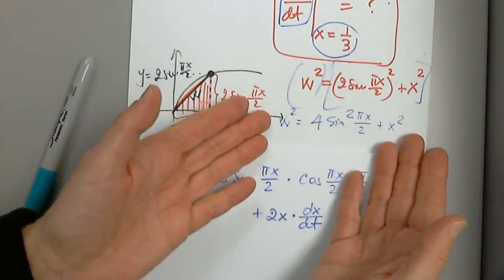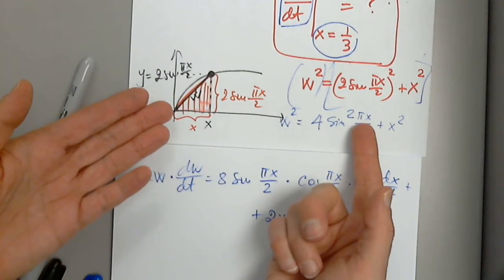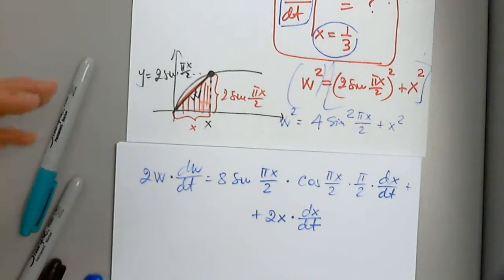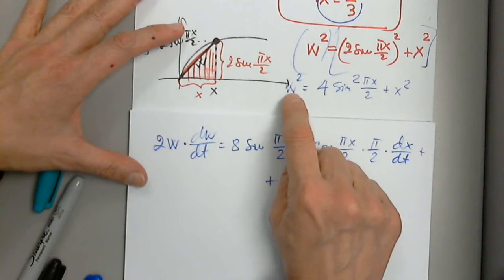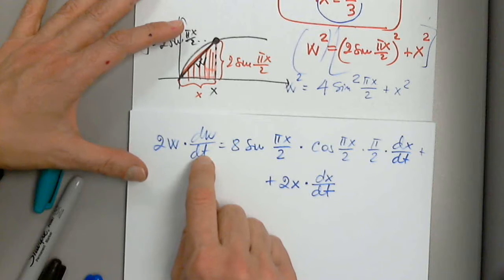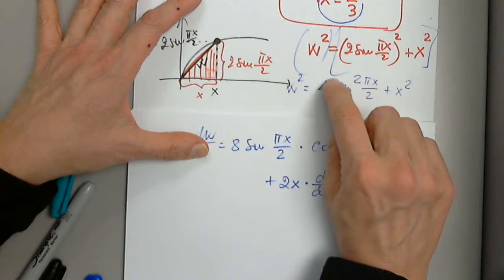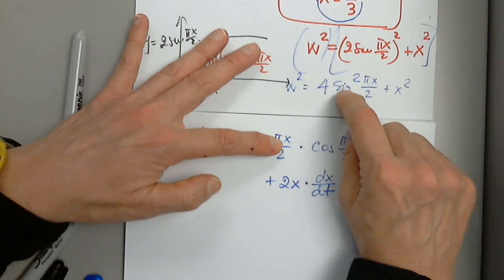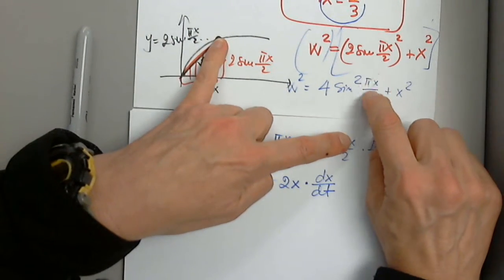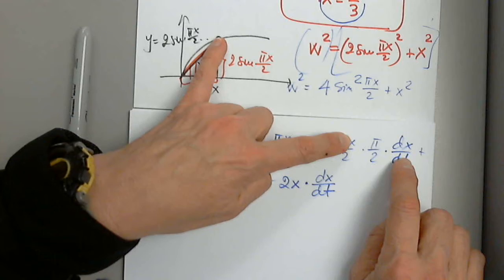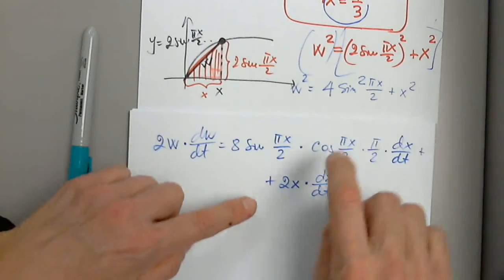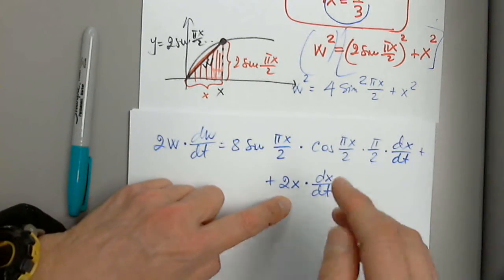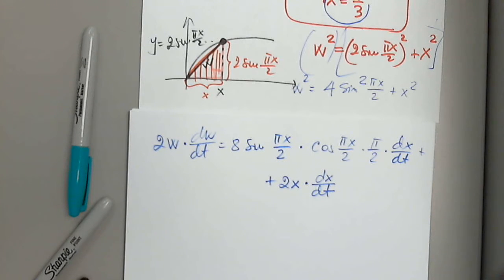I have a relationship between w and x, both functions of time. I differentiate the left-hand side as 2w times dw over dt equals 8 sine to the 2 minus 1 times the derivative of sine times the derivative of the inner function, which is pi over 2 times dx over dt, and then plus 2 times x times dx over dt.